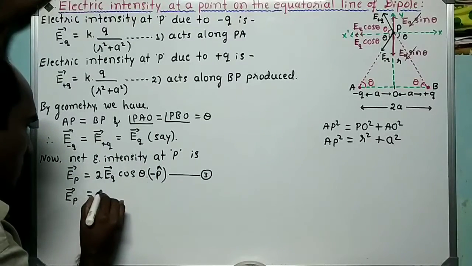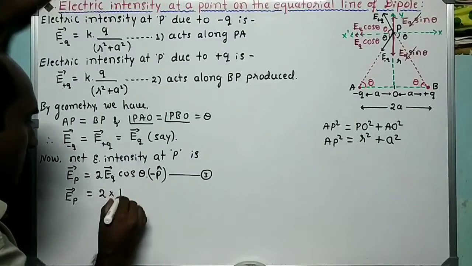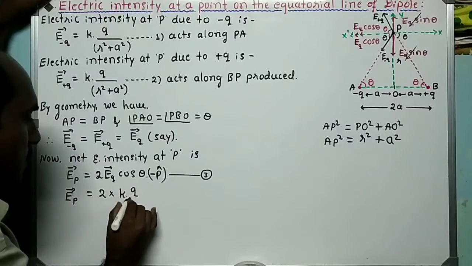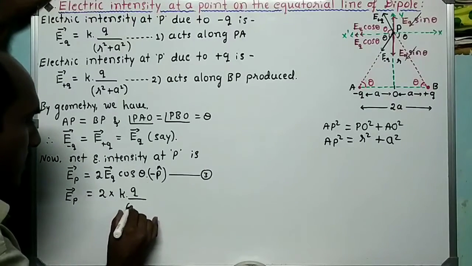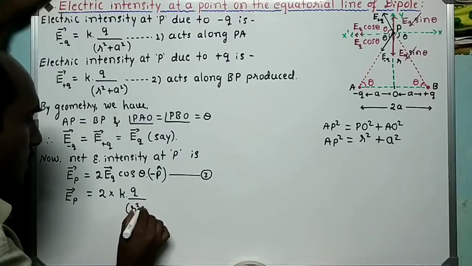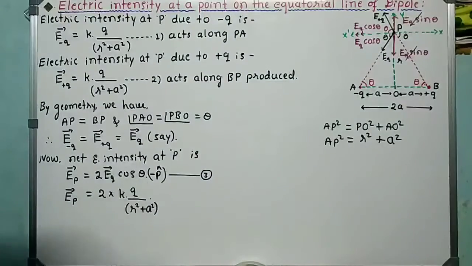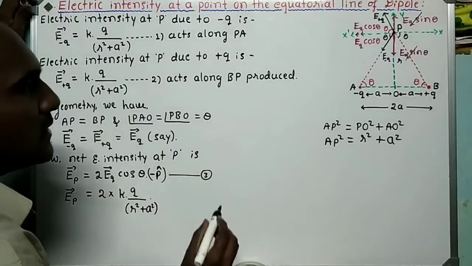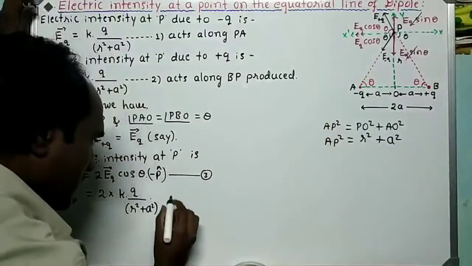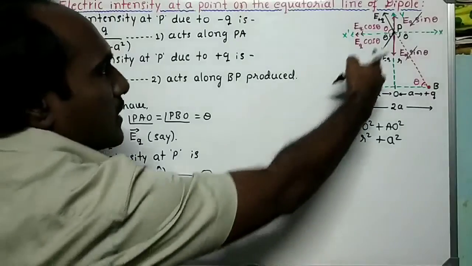Now what is the value of EQ? 2 into EQ value, which is K into Q divided by R square plus A square, into, okay, what is the value of cos theta? Cos theta is adjacent side, that is A, divided by hypotenuse, that is AP.